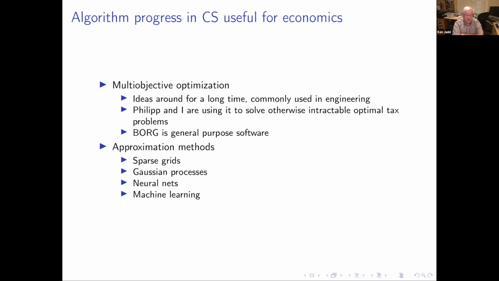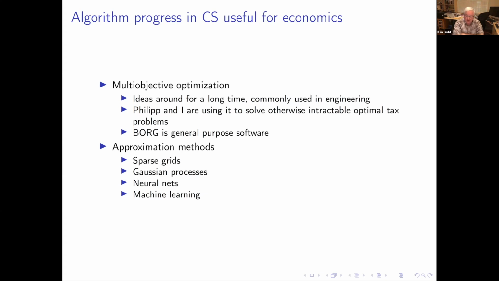So you have a general purpose tool there. We're going to come up with something that's much more efficient for a limited set of problems, but multi-objective optimization is another part of computational science which should be used much more in economics.